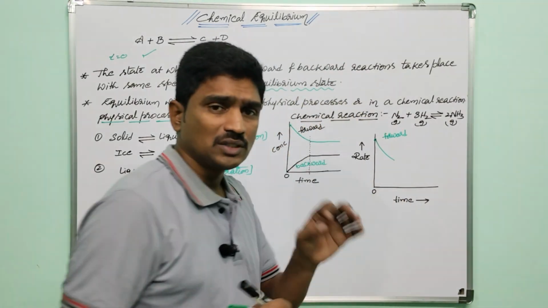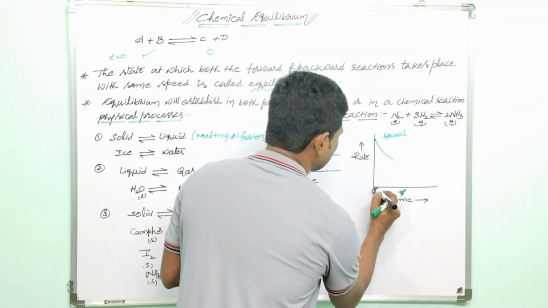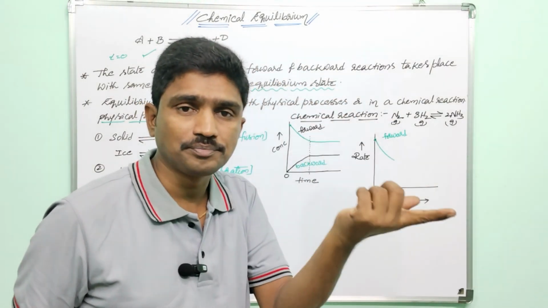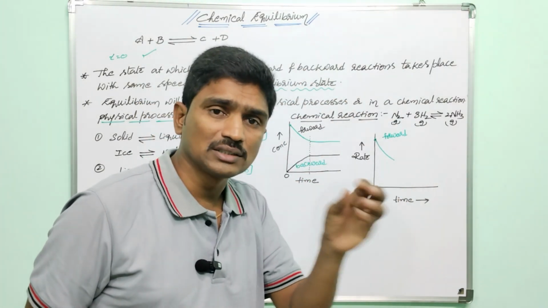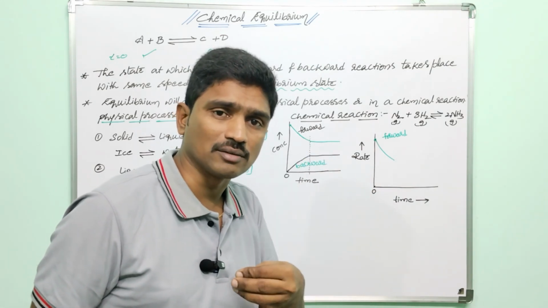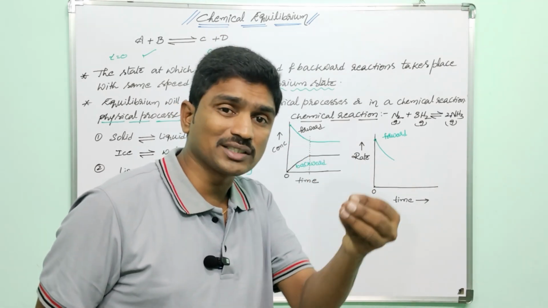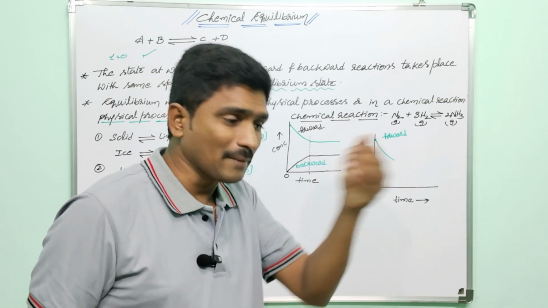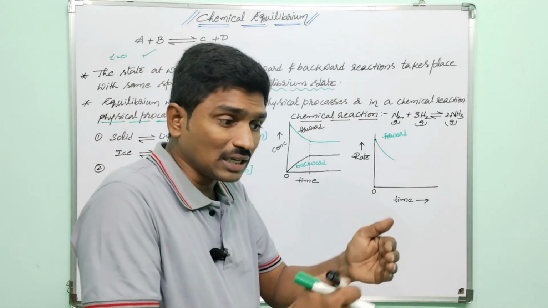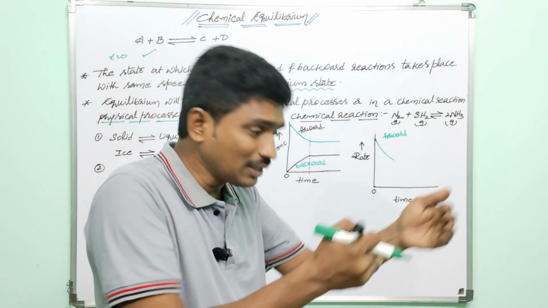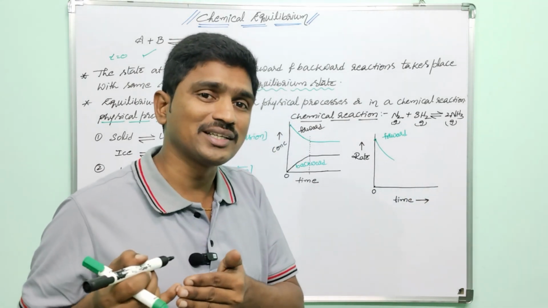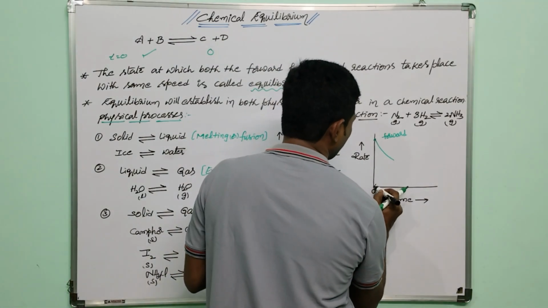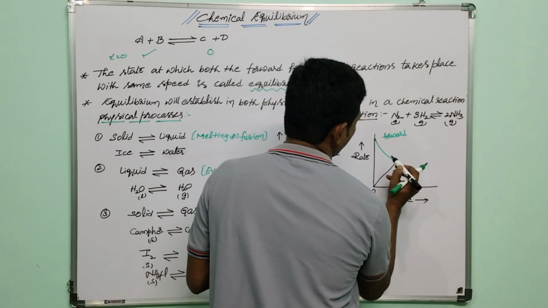But at the same time, initially product concentration is 0, so the backward reaction speed is 0. But as the time progresses, some amount of products starts forming. When some amount of product is formed, backward reaction starts. As the time progresses, the product concentration increases so the backward speed increases.